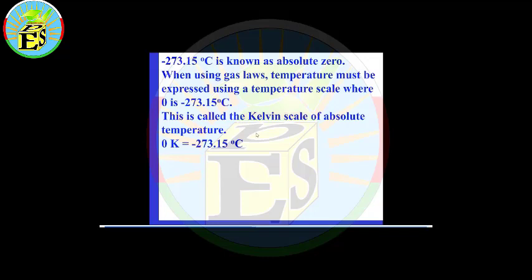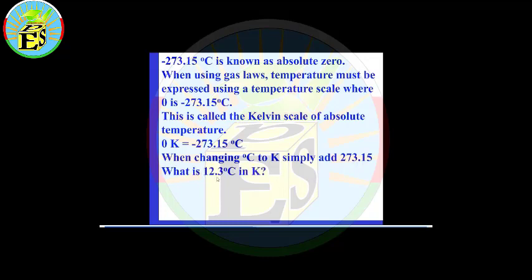So we need to change the Celsius scale to the Kelvin scale by adding 273 to the Celsius value. When changing Celsius to Kelvin, simply add 273.15, or 273 only, as 0.15 is negligible.